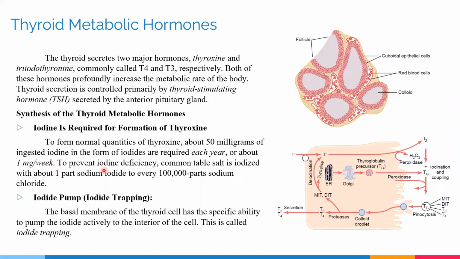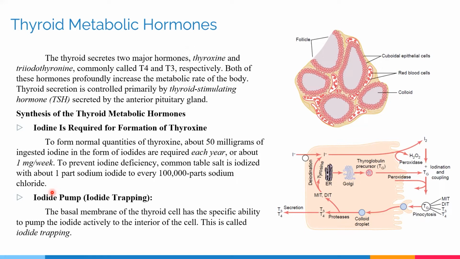To prevent iodine deficiency, common salt is iodized with about 1 part sodium iodide to every 100,000 parts of sodium chloride, so that our iodine requirement for formation of thyroxine is fulfilled.